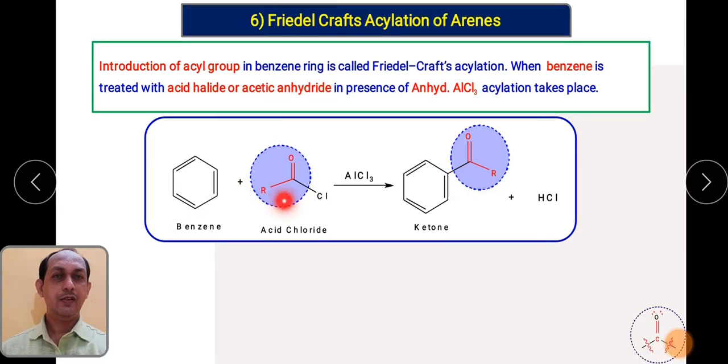Once this acyl group is introduced into the benzene ring, the functionality from benzene gets converted into ketone. Please look at this structure very carefully. The circles shown in color, you can see which part they are coming from. It is coming from the acid chloride and HCl is removed. Very simple reaction.